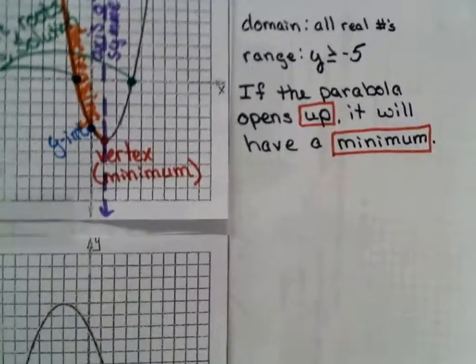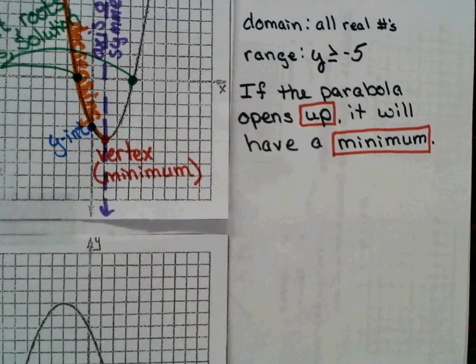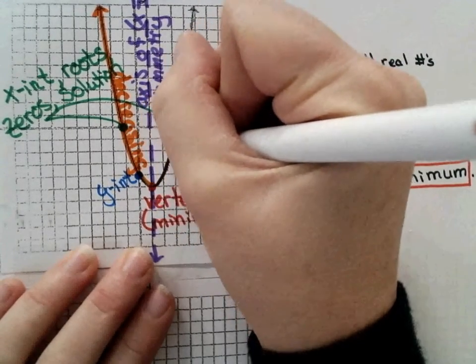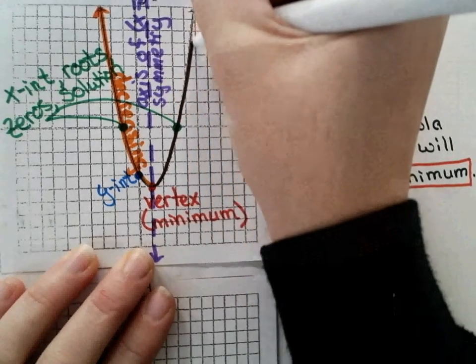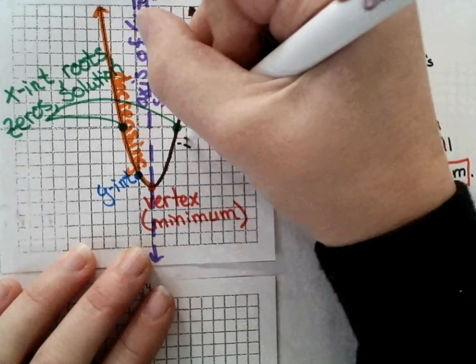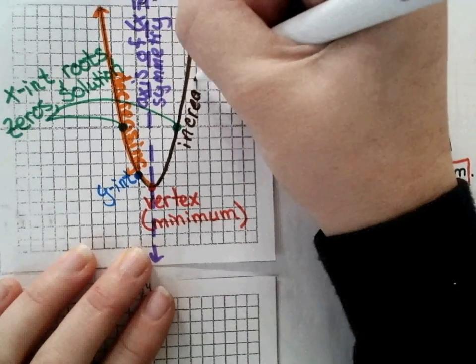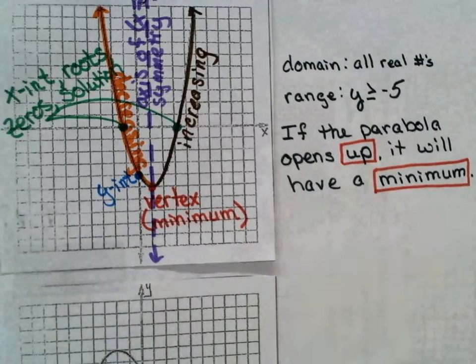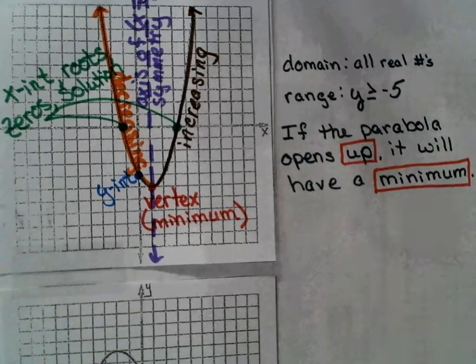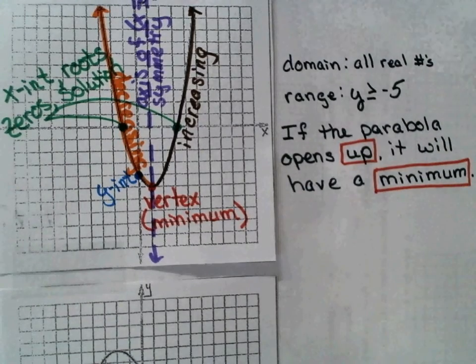Decreasing meaning down. Now, when I get to my vertex, which direction is the other side of my graph going? Up, and so up would be said to be increasing. And that's all the vocab we're going to focus on today.